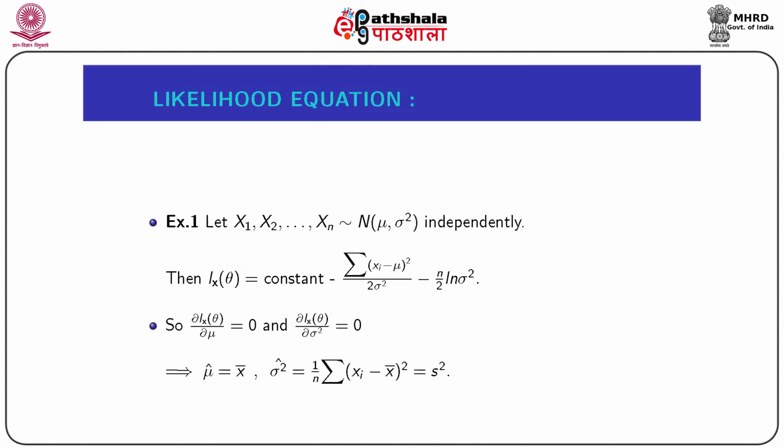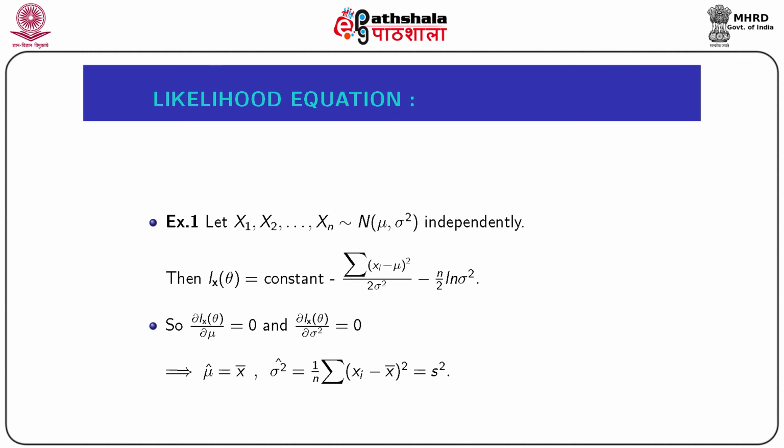Next we go to an application of the likelihood equation in some theoretical distribution like normal. Let x1, x2, ..., xn be IID normal mu, sigma square variables. Then the log of the likelihood function equals some constant minus summation xi minus mu whole square divided by 2 sigma square, minus n by 2 times log of sigma square.